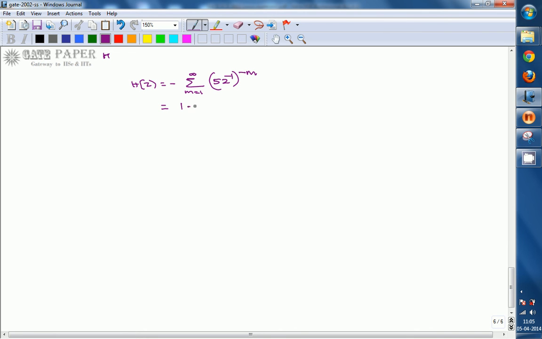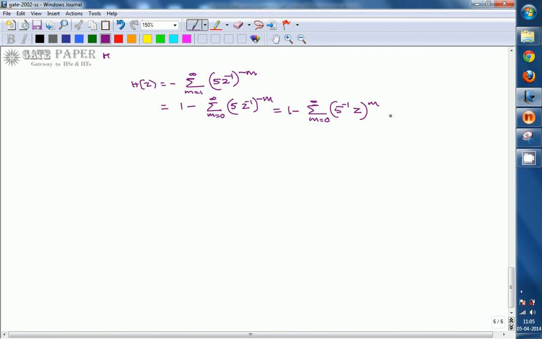So this becomes 1 minus summation m equals 0 to infinity of 5 z power minus 1 whole power minus m, which equals 1 minus summation m equals 0 to infinity of 5 power minus 1 z whole power m.